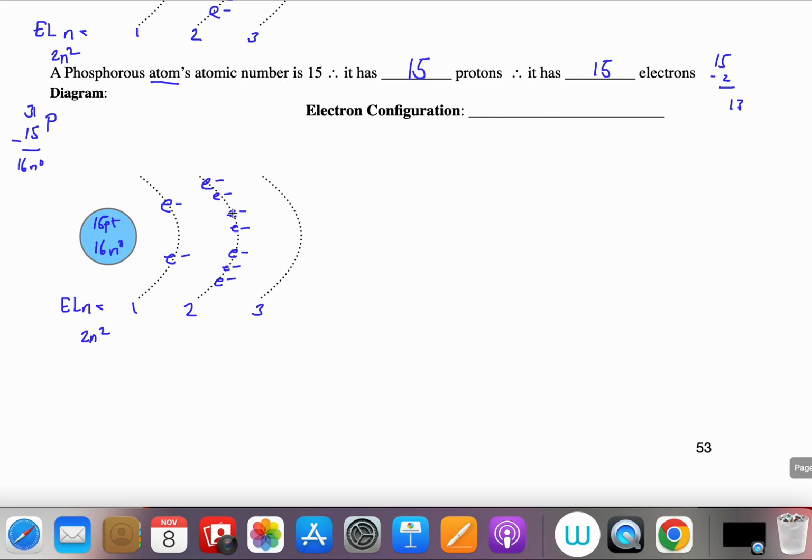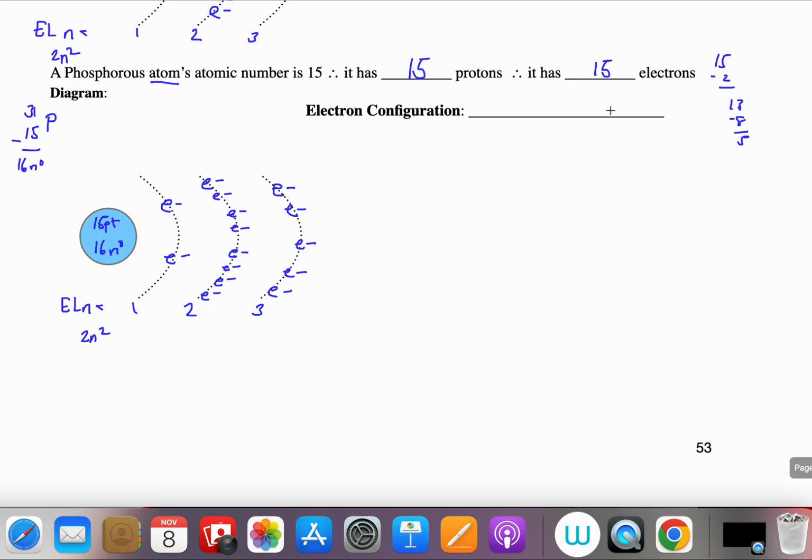Now I've placed 8 and I have 5 more to go. Energy level 3 is open, and with 2n squared I can place up to 18 electrons in energy level 3. I have 5 to place, so my remaining 5 can go in energy level 3.